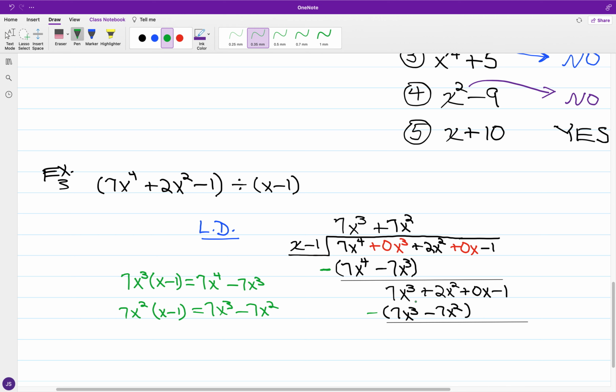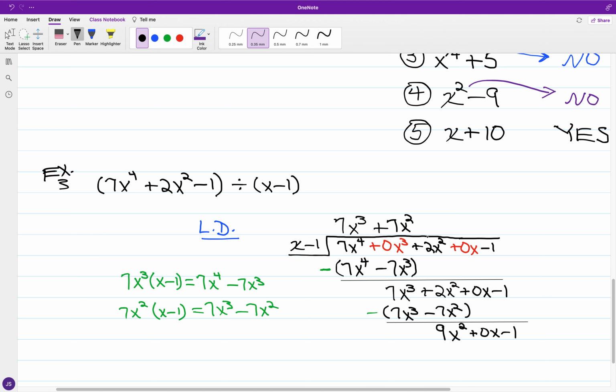So subtracting again, 7x cubed will go out. Now we've got 2x squared minus negative 7x squared, which will change over to addition, so we're going to have 9x squared plus 0x minus 1.